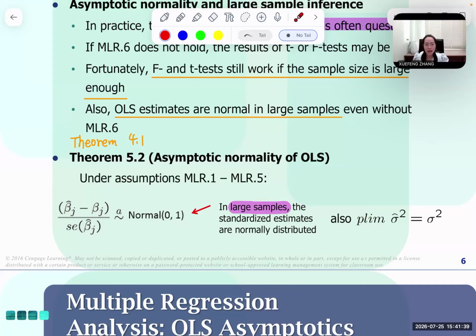This is why, in practice, econometricians don't worry too much about normality. As long as you have a reasonably large sample, your t-ratio, f-test, and confidence intervals are still approximately valid. Again, approximately valid.